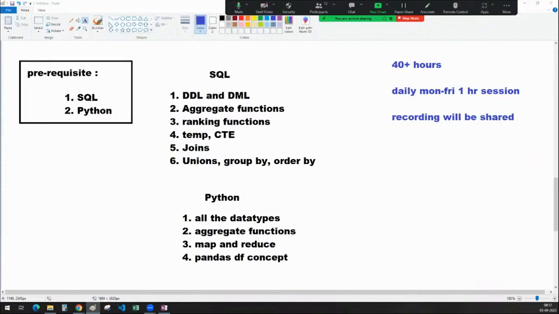I'm telling you, it wouldn't take more than 3 to 4 days to get the basic knowledge on these concepts. That's the reason I have mentioned the concepts here. There is no point in mentioning them if you already know them. There are a few people who do not know SQL or Python but still want to enter the data engineering world, so I have mentioned the SQL and Python concepts.